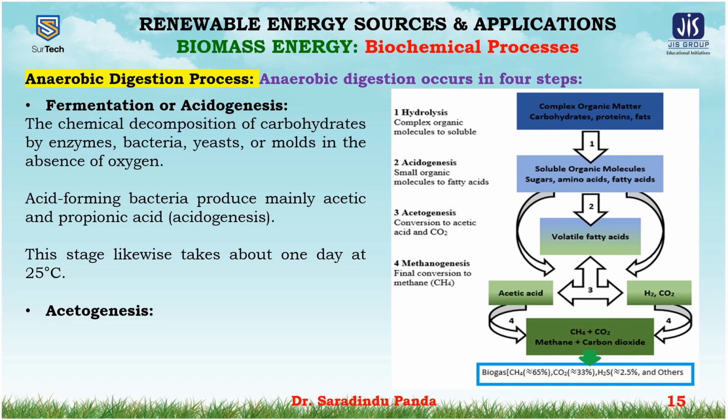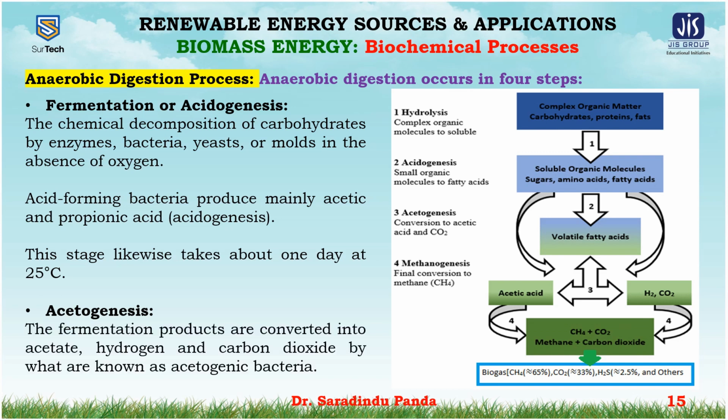Then come to the third step, that is called the acetogenesis, where the acetic acid and the carbon dioxide are produced. The fermentation products are converted into acetate, hydrogen and carbon dioxide by what are known as the acetogenic bacteria.